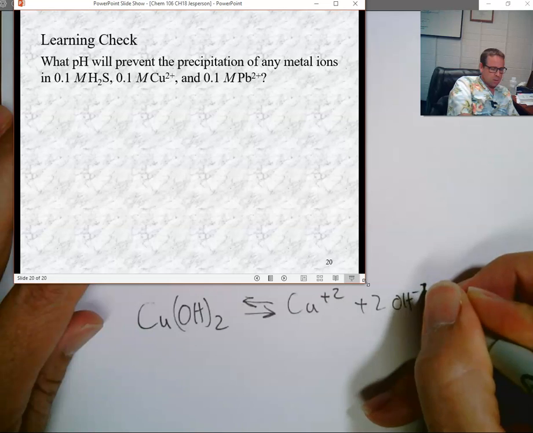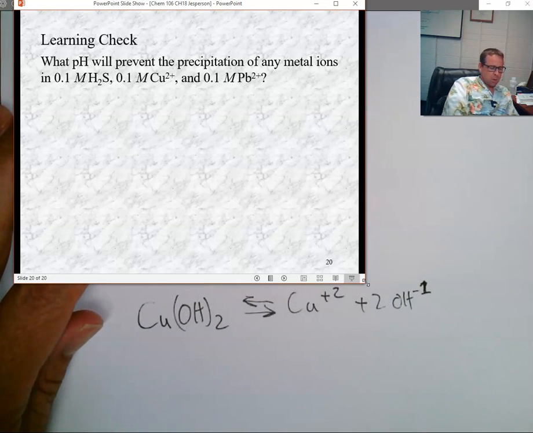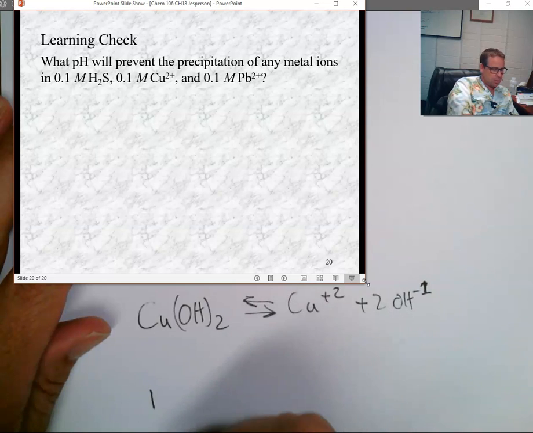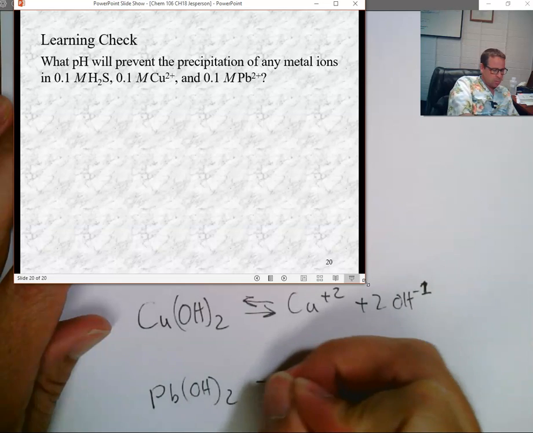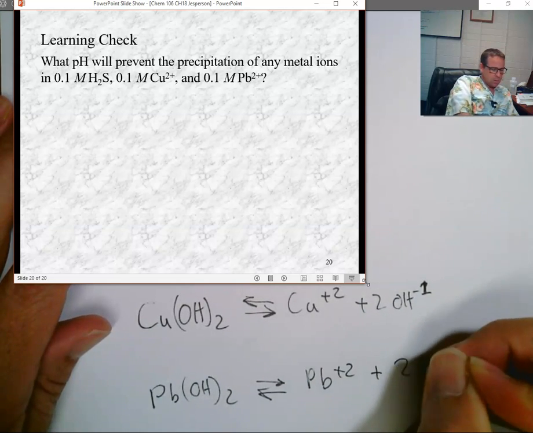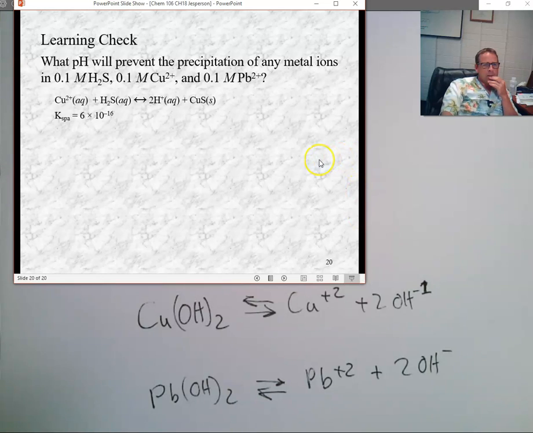All right. It's supposed to be a 1 there. What would the other equation look like? So that would be PbOH2. All right. Lead ions and 2 hydroxide ions. Okay. So we have a KSP here.